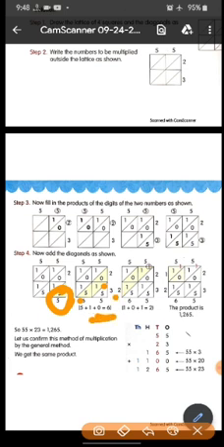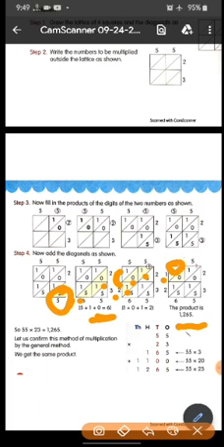Then the third line, 1 plus 0 plus 1 gives us 2. Now the last one is 1, we will write 1, and the answer we will get is 1265.